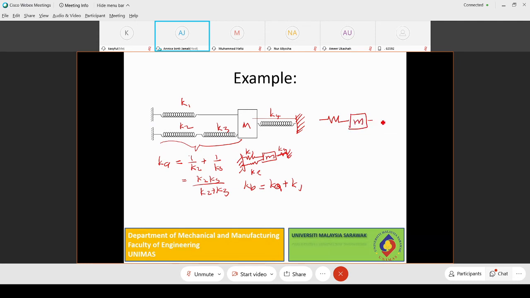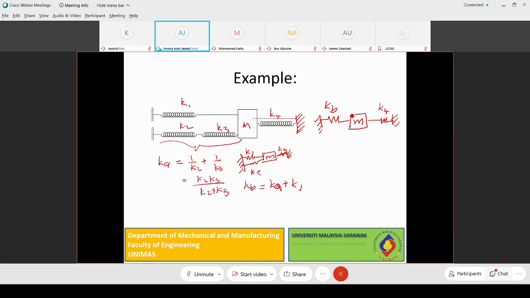M is fixed to N here, right? So we have here Kb, and we have here K4. So how do we simplify this?